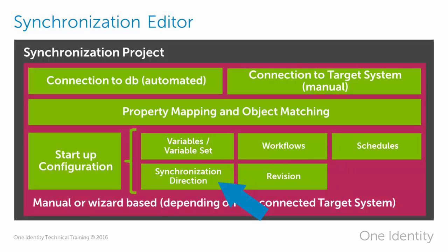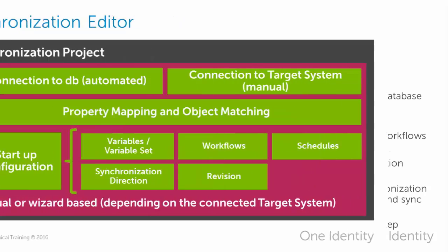The synchronization direction itself could as well be configured on the startup configuration and inherited on the workflows, the revision of the synchronization project, and at the end a schedule that defines how often the synchronization will run. Most of these configuration steps could be automatically set by a wizard, but it is as well possible to create them step by step on your own.